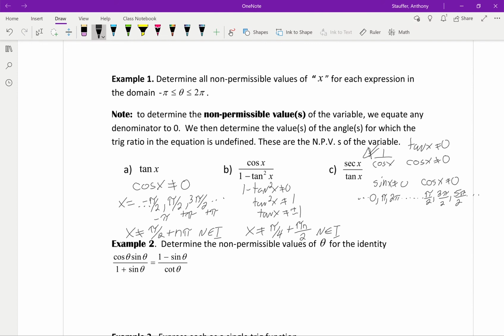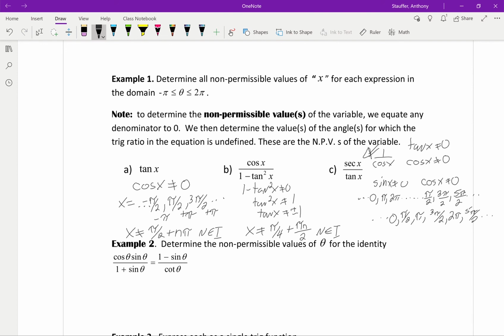So if I wanted to combine these two solutions, well, we equal 0 at 0, pi by 2, pi, 3 pi by 2, 2 pi, 5 pi by 2, and so on and so forth, forever in both directions.